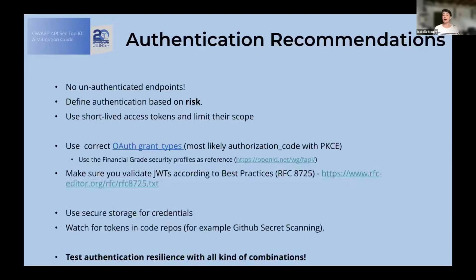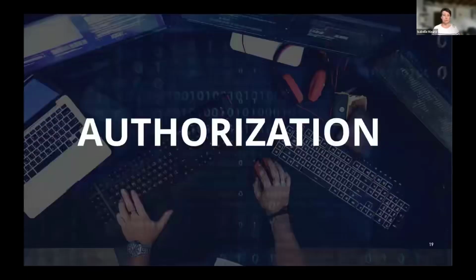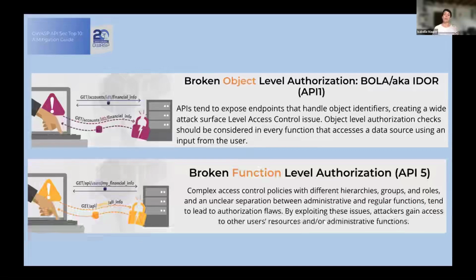And same applies to authorization. And in authorization, we're going to find API 1, which is like the number one, as you know, right? Those are ranked by the order of importance and criticality, right? That order in the top 10 is not innocent. So API 1 is really critical. So what is this about, right?